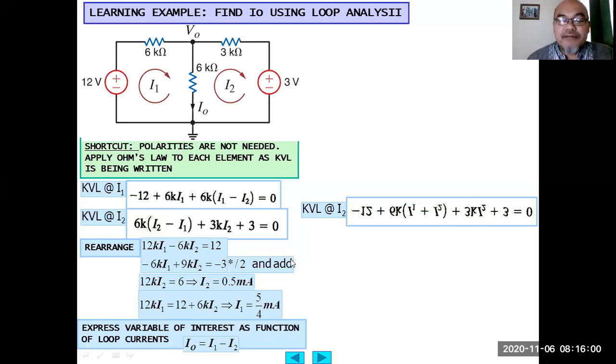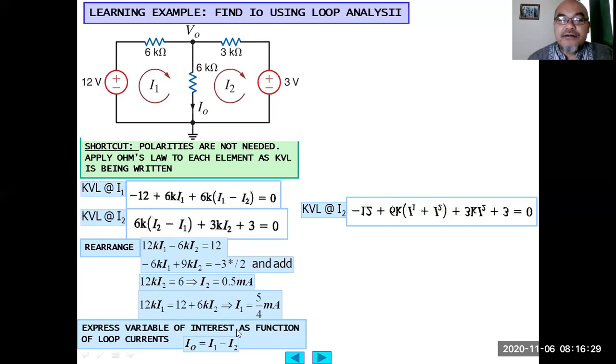Okay, express the variable of interest as a function of the loop currents. So here, the variable of interest asked by the question is I0, the output current. The direction of I0 in this branch is drawn with the arrow pointing downward, right? This is the same as the direction of loop current I1.